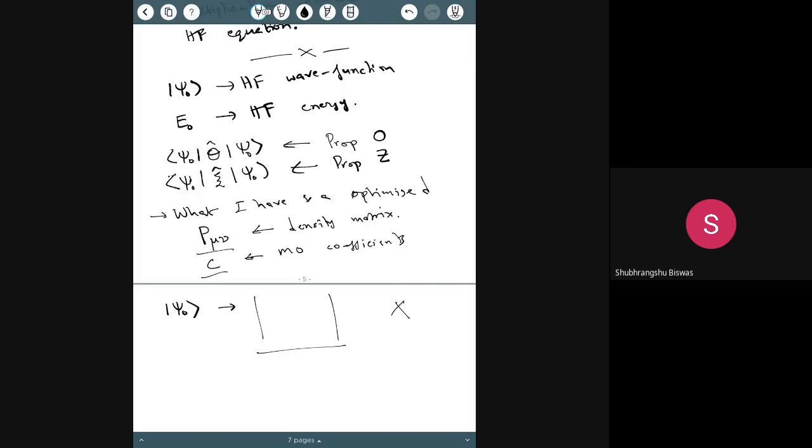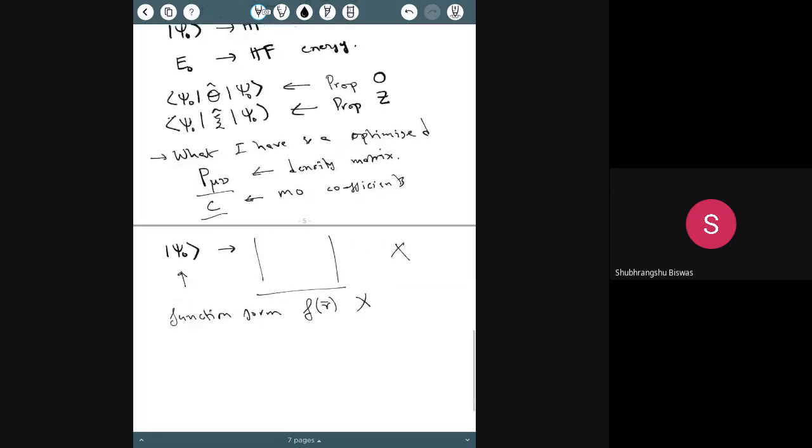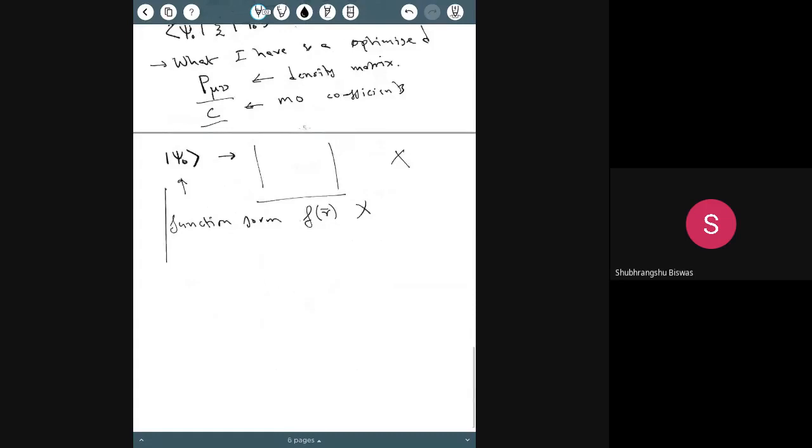Okay. And of course, I certainly don't have a functional form for this. So something like f of r, this also I don't have. The other option was to have it on a grid, so as, let's say, a grid function.